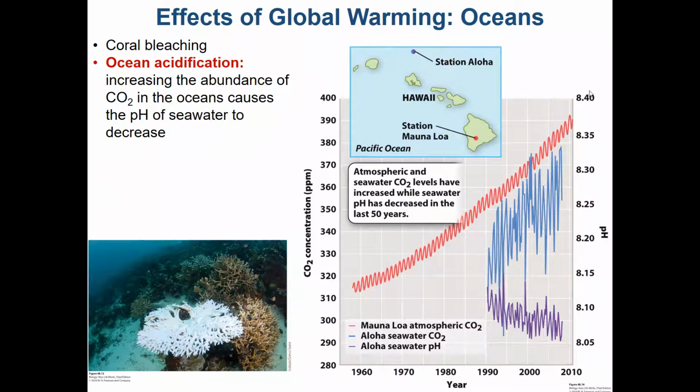Bleaching is indicated by the white skeletons of dead corals, which you can see in the picture. This occurs when their symbiotic algae called zooxanthellae that feed the coral abandon their host, sentencing the corals to death. An increase in seawater temperature appears to signal the algal exodus and also facilitates the spread of infections that can also kill the corals.